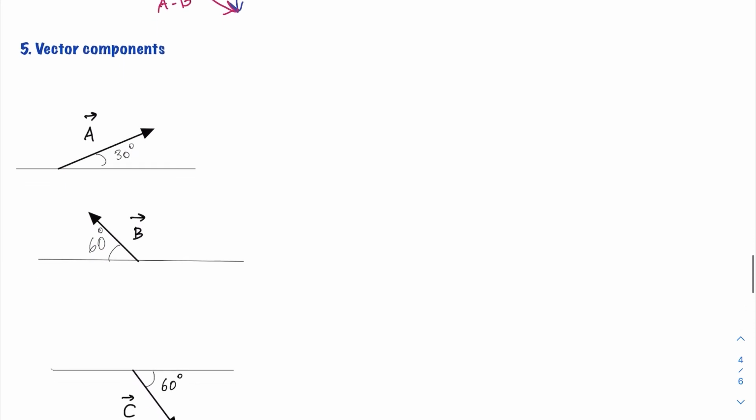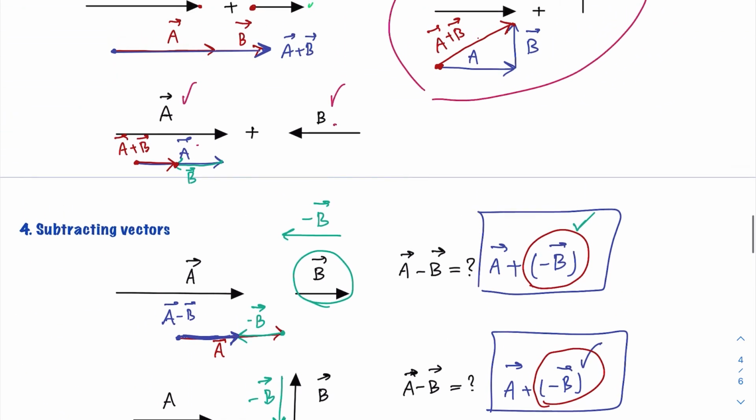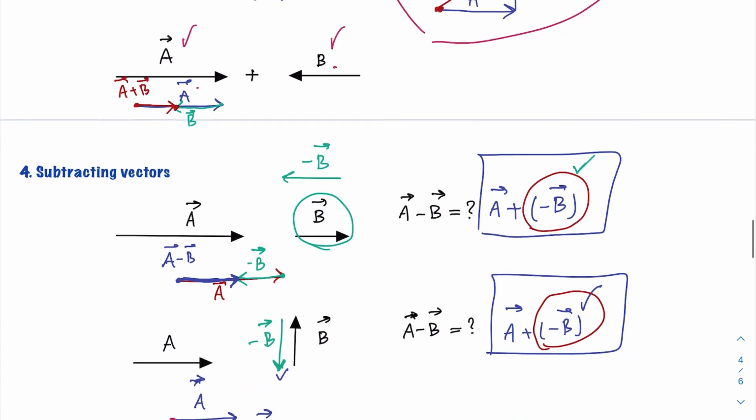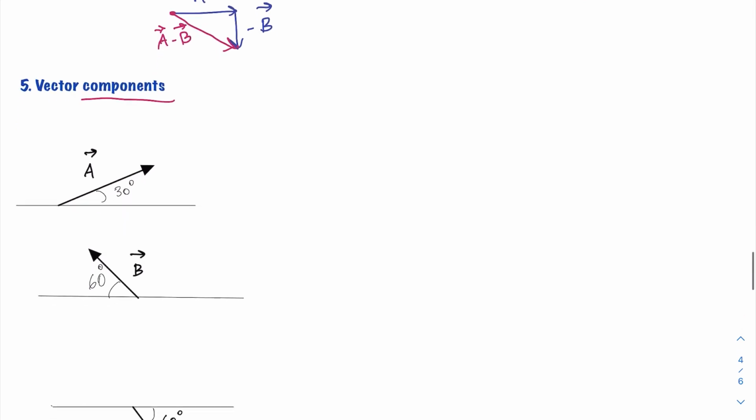Another property is about vector components. First of all, what do components mean? In the previous cases, if you notice, we were just talking about vectors which were either heading towards right or heading up or down.